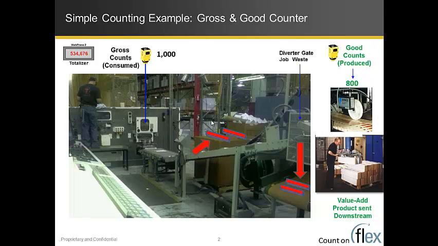That would mean that 200 units had to be wasted. So the simple equation is the total amount of inventory consumed ultimately gets converted into good units that are sold to the customer, plus whatever waste gets thrown away. So in this case, 1,000 went in, 800 got sent down the line, hopefully to customers, and 200 was wasted.